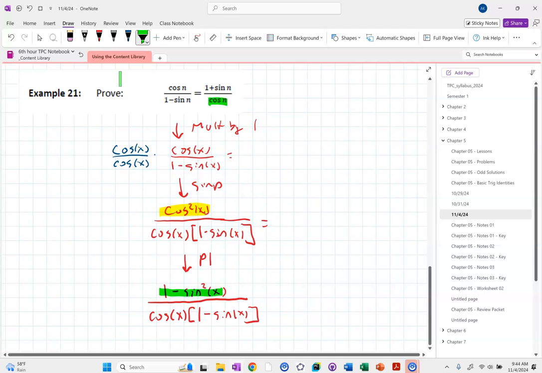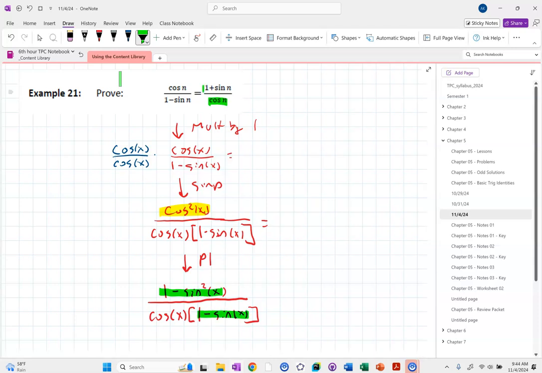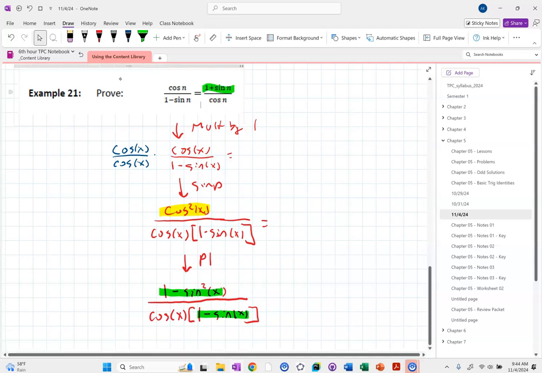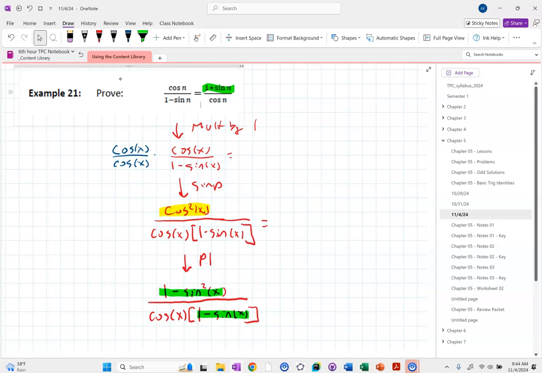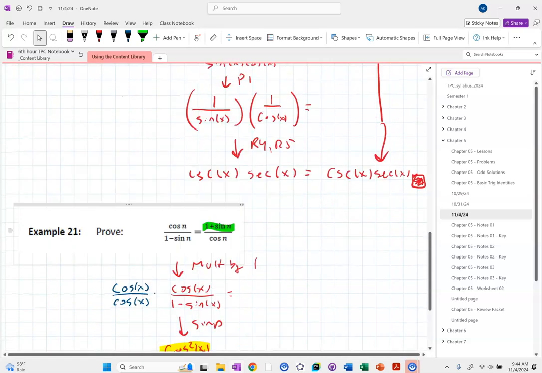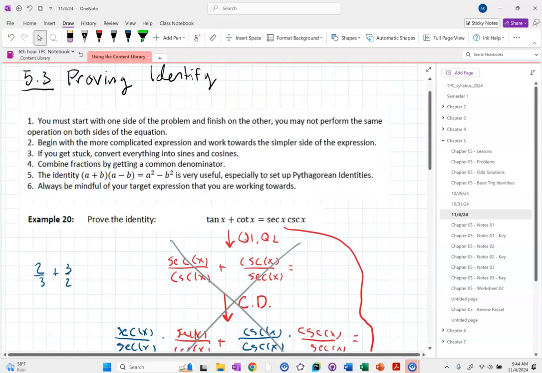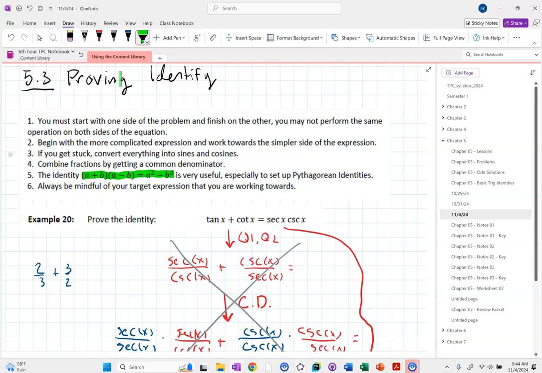So if I see this and this and this, what do you notice about those three things? The 1 minus sine squared, the 1 minus sine, and the 1 plus sine. That, to me, looks a lot like this difference of two squares factoring pattern, right?